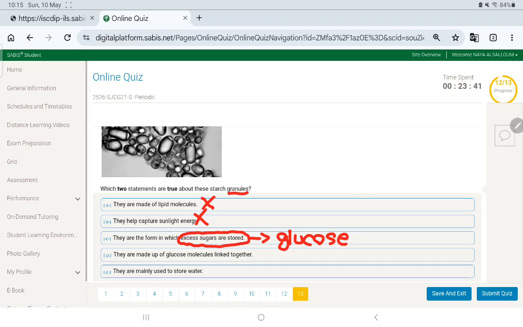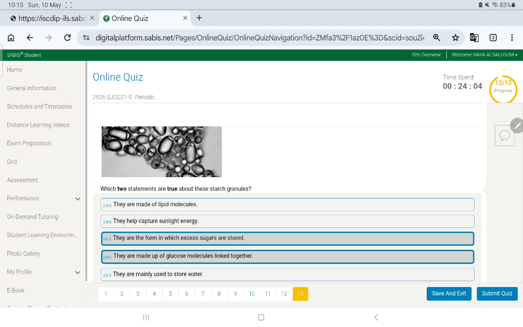This is correct. They are made up of glucose molecules linked together. We said glucose molecules together are starch. So do they also form starch? Yes. And they do not store water, obviously. So we know that starch granules store extra glucose and they are made of starch, which are glucose molecules linked together.